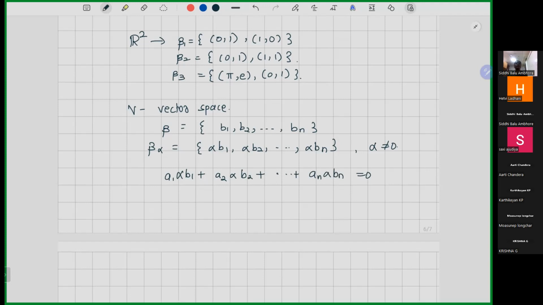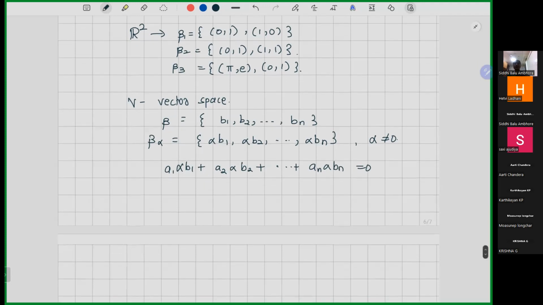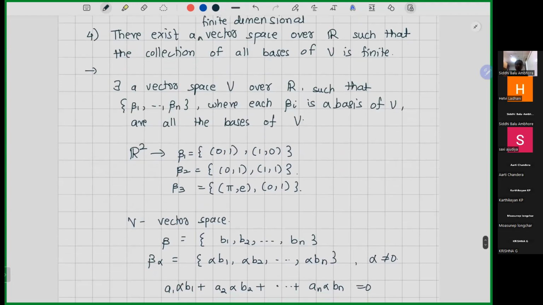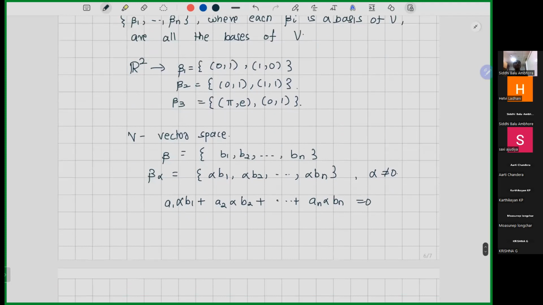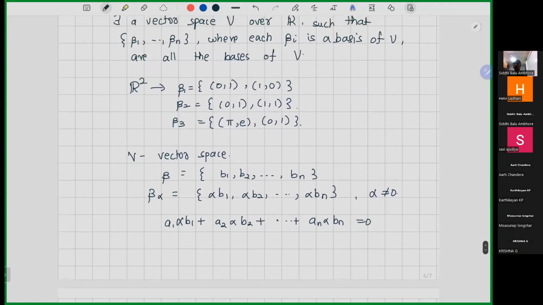And again a1 b1 plus a2 b2 plus ... plus an bn becomes 0, and this again gives me that a1 equals a2 equals an equals 0. So this set will always remain linearly independent. Is there any doubt about how we are having infinitely many different bases for our vector space V?